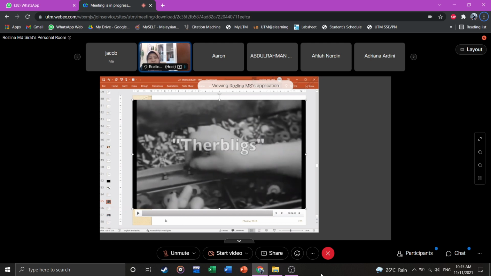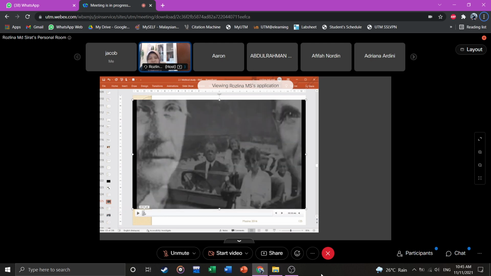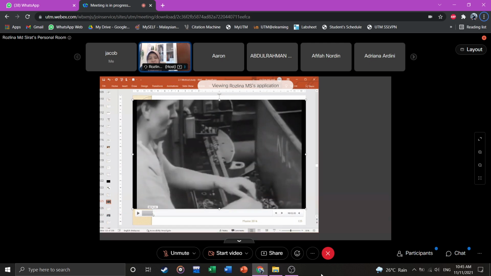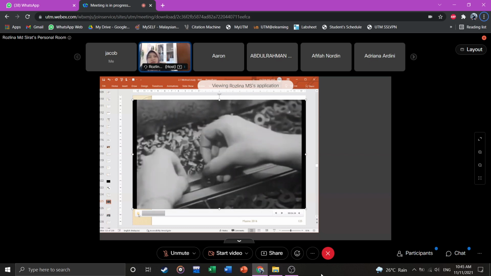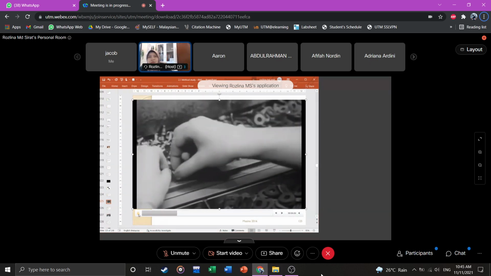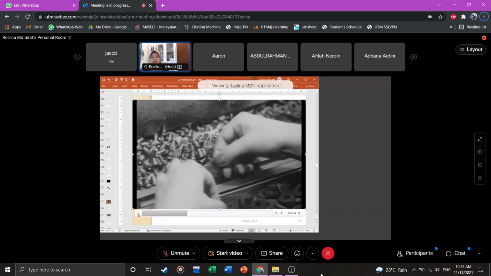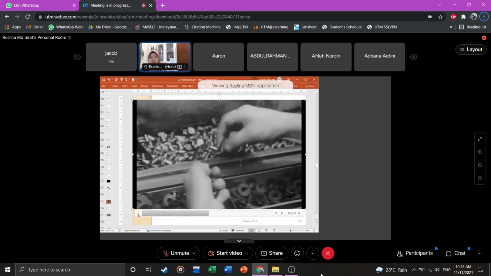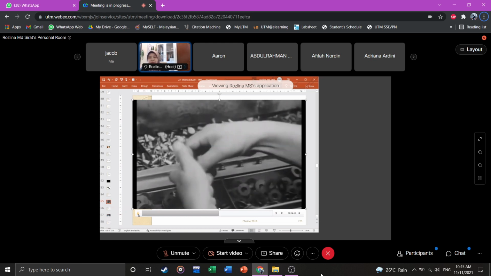What is the normal movement? This is the improvement. Okay, the current method. Normally what do you do with your left hand and your right hand?